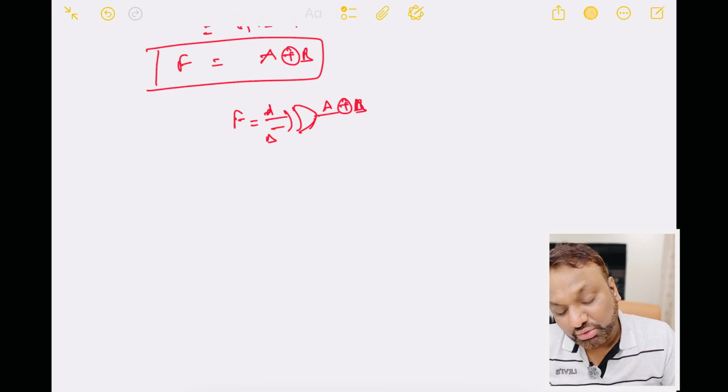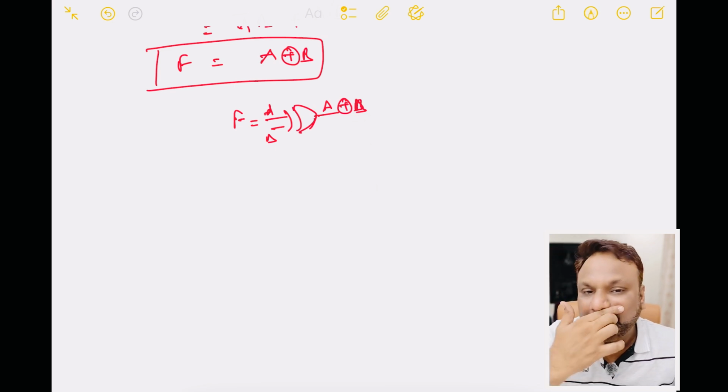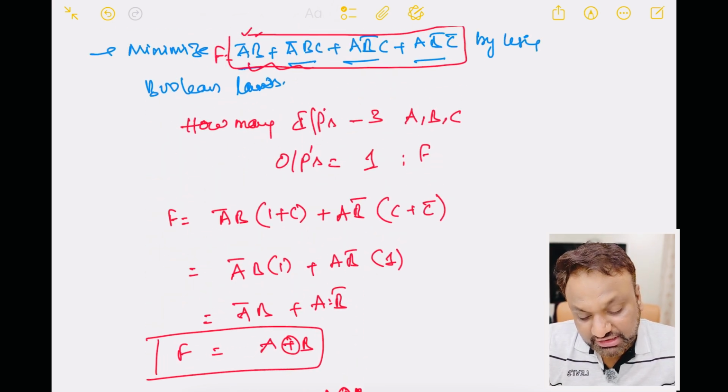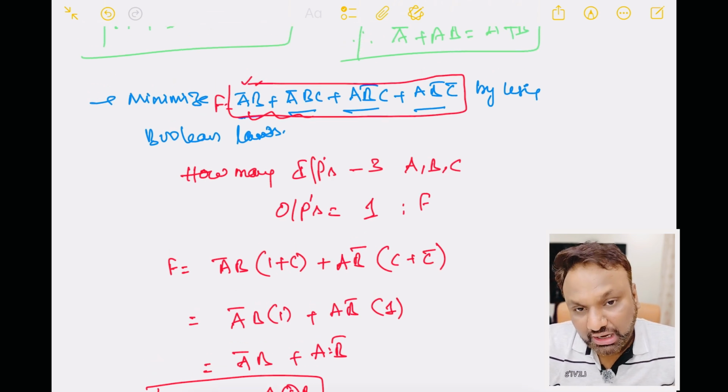If I don't apply the Boolean postulates, look at this equation: how many AND gates? 1, 2, 3, 4 AND gates. This is a 2 input AND gate, this will be a 3 input AND gate.